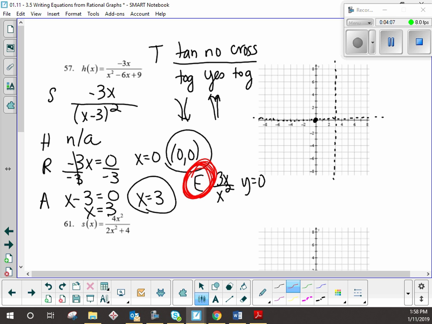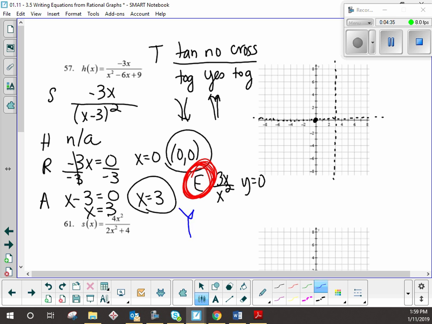Remember that the definition of end behavior is the behavior of the graph as x goes to -infinity and as x goes to positive infinity. It means as x gets really, really small or x gets really, really big. It does not determine the behavior of the graph here in the middle. That's why it's okay for there to be a root right in the middle of that horizontal asymptote. Right? That's okay.